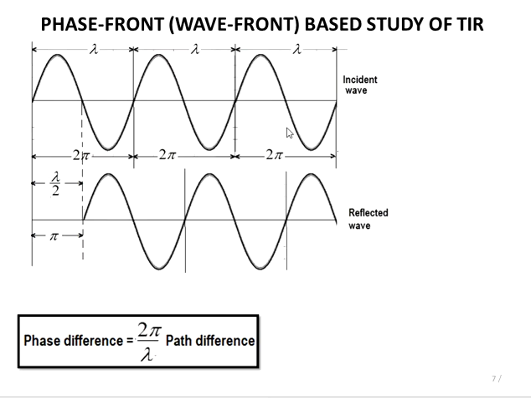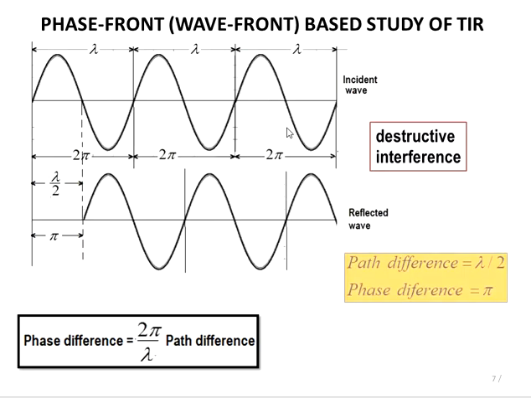If you observe in this case, the maxima of the incident wave is coinciding with the minima of the reflected wave, and because of this the intensity will be reduced. So that we define as a destructive interference, and that is called a dark spot. So we can define the condition for destructive interference: the phase difference between the two waves should be equal to pi.